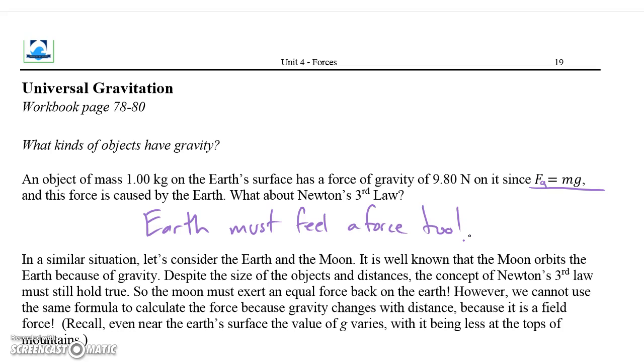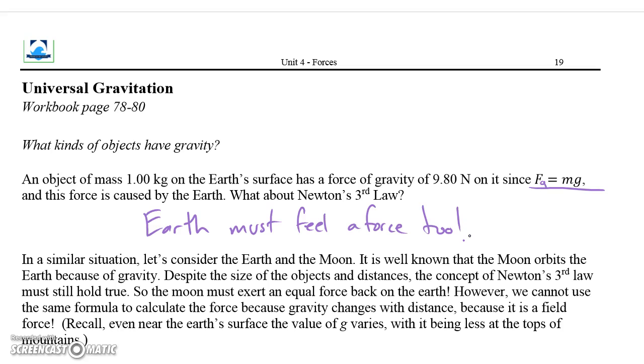So how can we reason this? And the same type of thing applies beyond the surface of the Earth. If we go bigger and talk about gravity between the Earth and the moon, the moon orbits Earth because there's gravity. And we have things on the Earth like tides that are affected by the moon and its gravity.